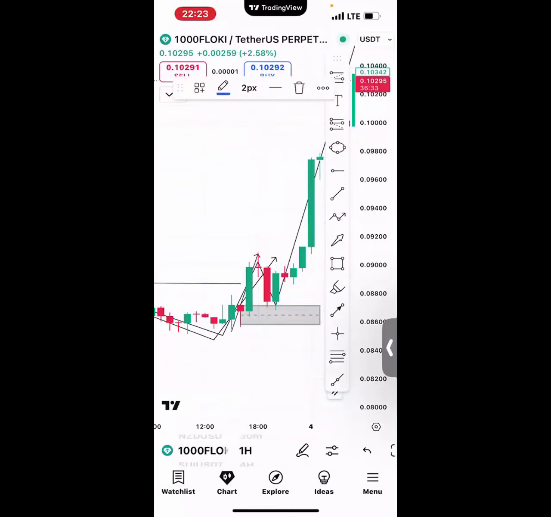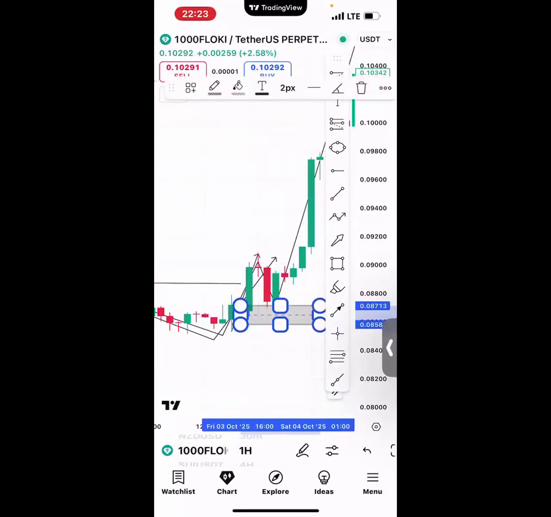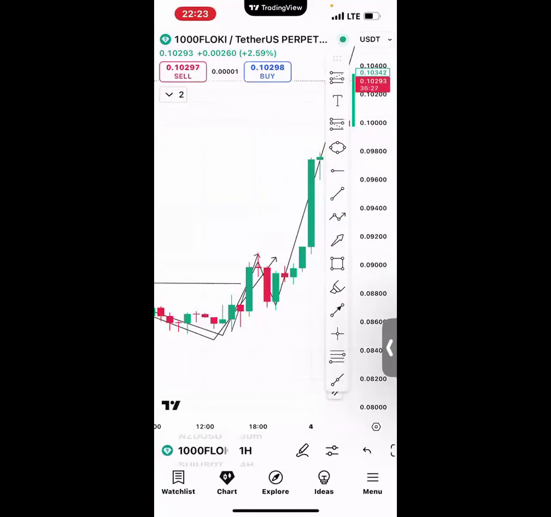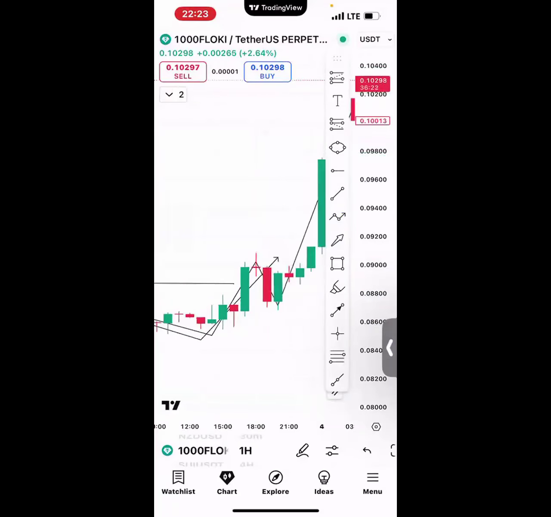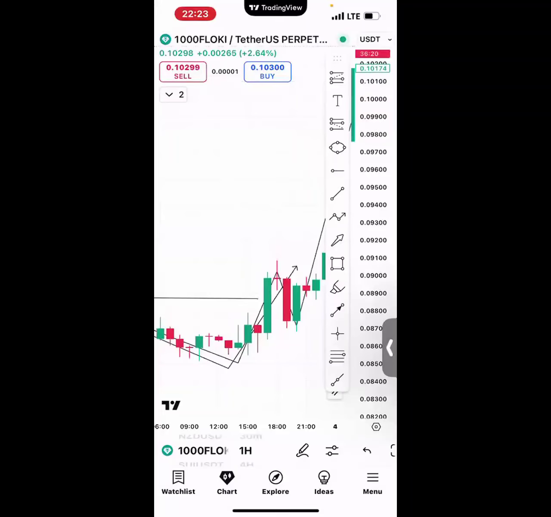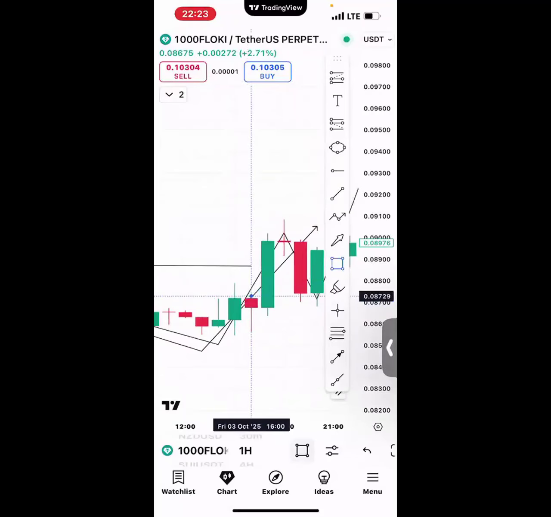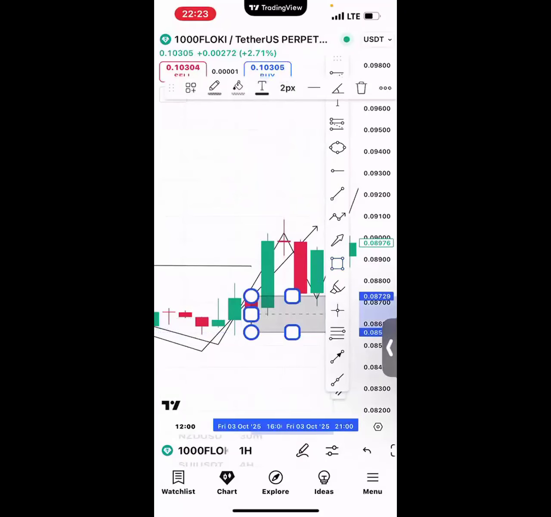So now what I just want to show you is that once there's this pullback and you spot this candle here, the last down candle, you draw something like this with your box to the body, and then you also find your confluence.